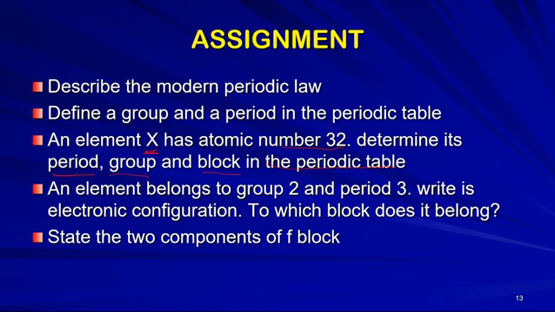Write its electronic configuration, and determine its block. To which block does it belong? And the last, but of course not the least, state the two components of F block. The two components which compose F block, the part which is at the bottom of the periodic table.